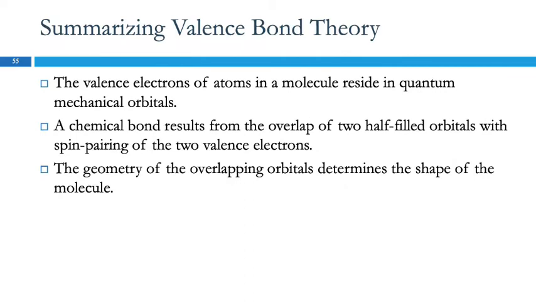So the summary here is we've got valence electrons of the atoms in a molecule residing in quantum mechanical orbitals. The chemical bond results from the overlap of two half-filled orbitals with spin pairing of the two valence electrons, and the geometry of the overlapping orbitals determines the shape of the molecule. I'm not sure how much of that made any sense, but do you have any questions yet?